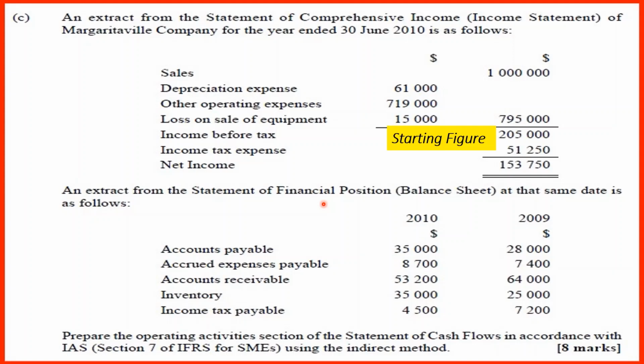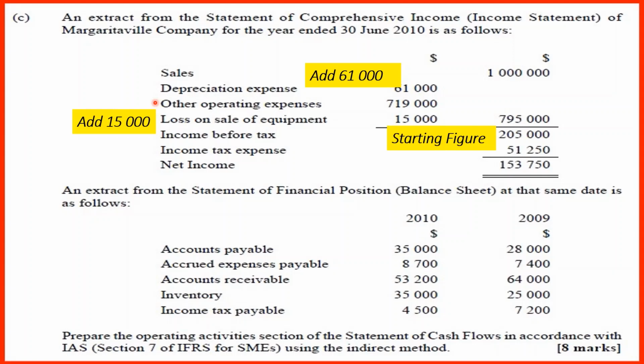Okay, so our starting figure is 205,000, and there are two items here that do not involve a flow of cash, neither inflow or outflow. They are what we call notional figures, merely calculated and placed in the income statement. So depreciation expense is one of them, as well as the loss on the sale of equipment.